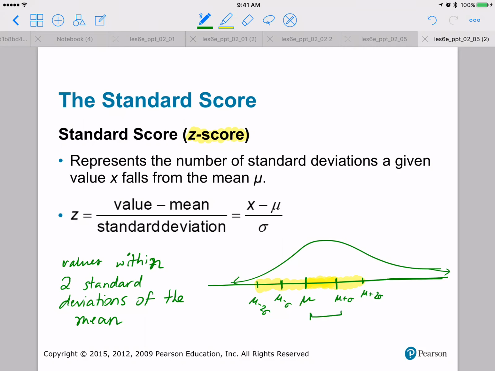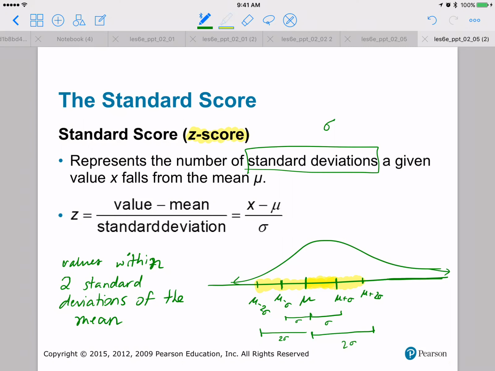The distance from here to here is sigma. Remember, sigma stands for standard deviation, population standard deviation. How far is it from here to here? 2 standard deviations. So our distance is 2 standard deviations this way, 1 standard deviation. You could be above or below the mean, okay?